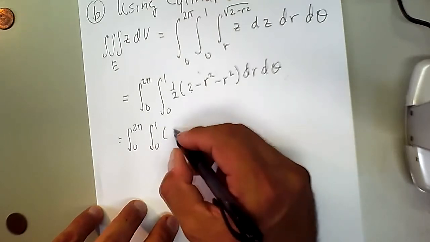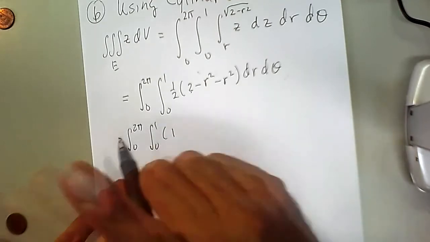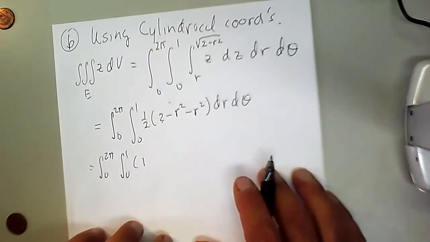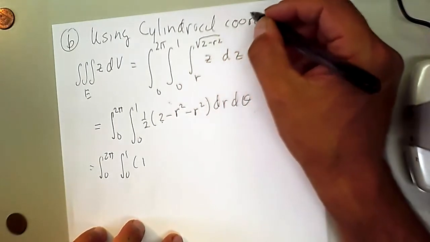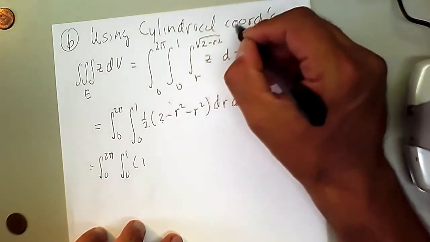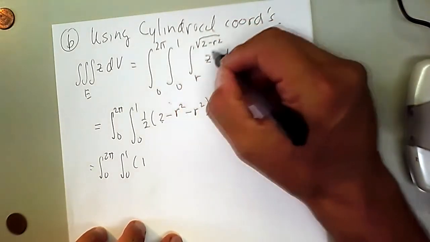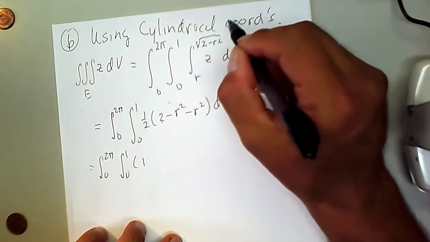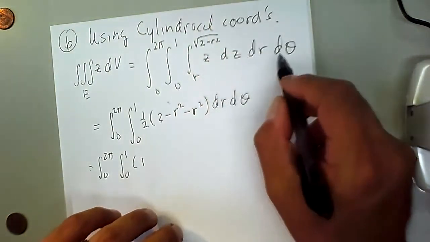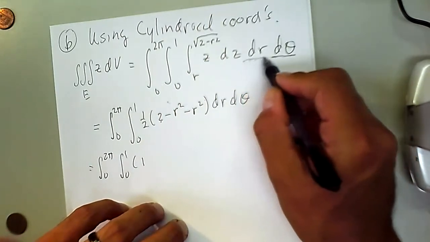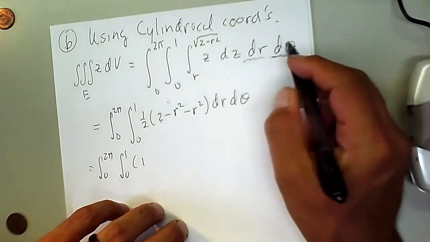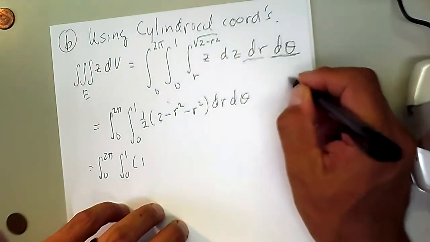So we just have 1. Oh, I missed something. Whoa. Stop everything. I cannot simply just change that, because if you just change delta r delta theta, you're going to get a curved surface.